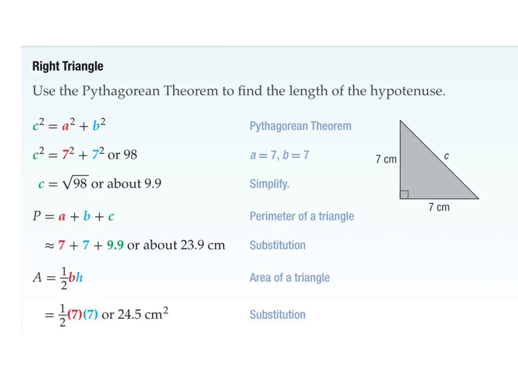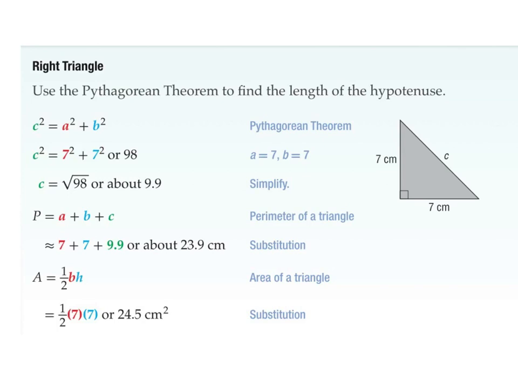They've told you the side lengths are 7 and 7. Substitute that in. Use your calculator, and again, make sure you read the question to determine what degree of accuracy they need. You can leave your answer at root 98, that's sufficient for a correct answer, or using your calculator, 9.9.